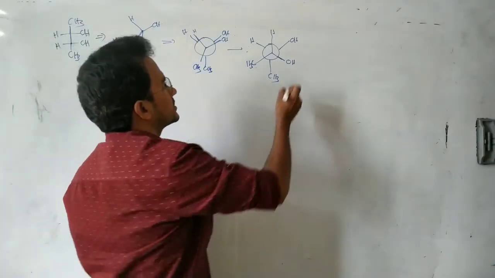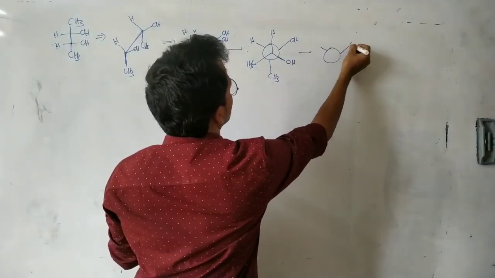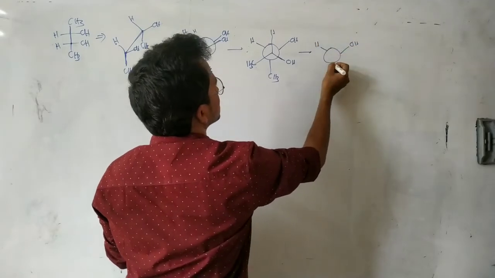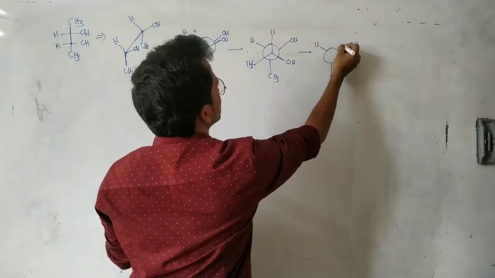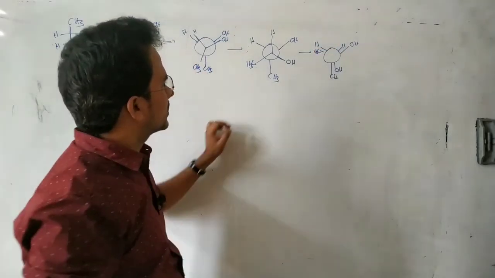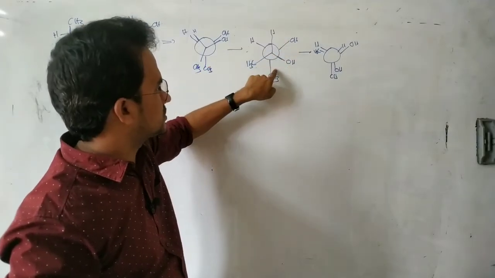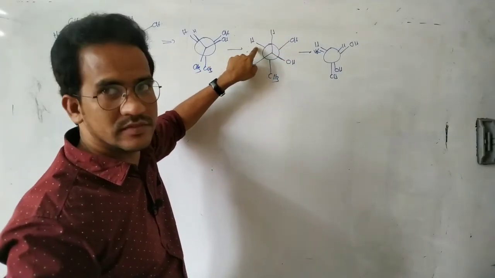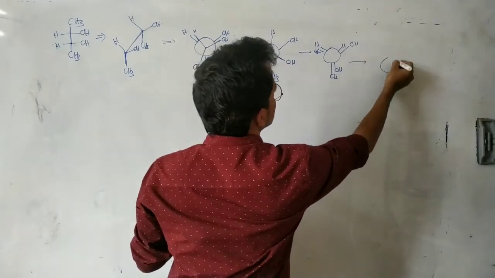Next, rotating another 60 degrees, OH, hydrogen, CH3. Hydrogen comes to this place, OH comes to this place, methyl goes to this place.